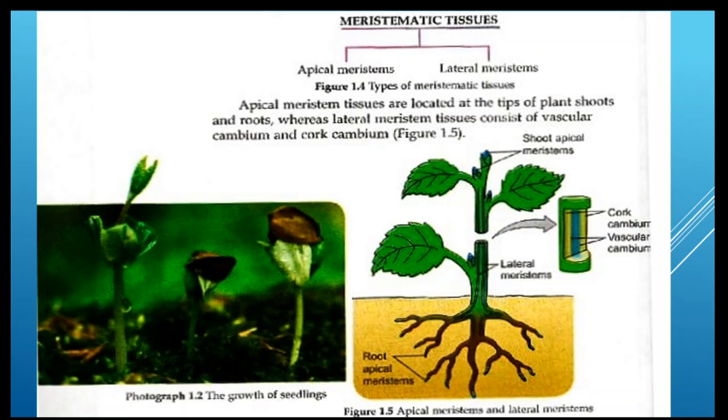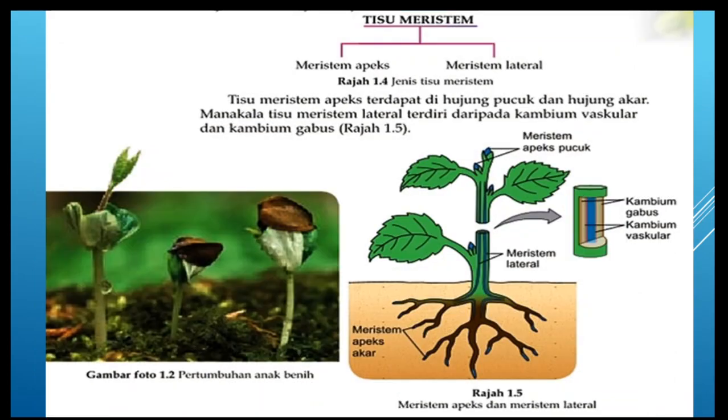Okay, remember their location. Vascular cambium and cork cambium. This one is a lateral meristematic tissue, and this one is apical meristematic tissue for shoot, and this one is apical meristematic tissue in root.